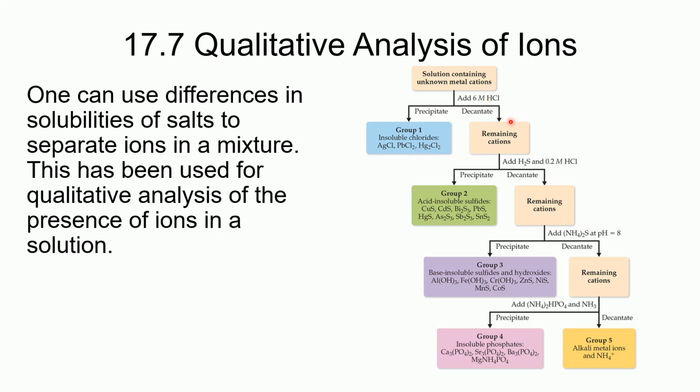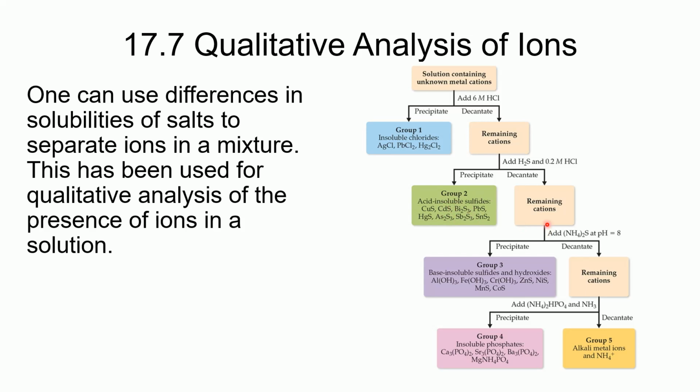So if we add HCl, we can precipitate those, but then the remaining liquid, after we centrifuge, will contain everything else. So we can go further on and analyze these using different tricks. We can take the remaining things and add H2S and some hydrochloric acid, and that will form sulfides. These are sulfides that are insoluble in acid.